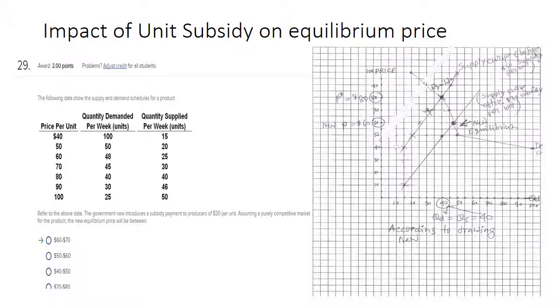So 60 to 70 is more appropriate here than the other range, which is 50 to 60. So 50 to 60 would not have been right, so we know that cannot be happening. So the right answer here is between 60 and 70.